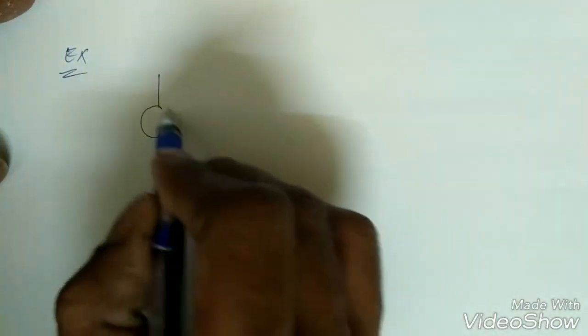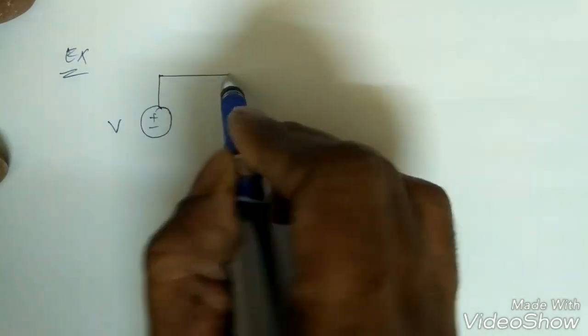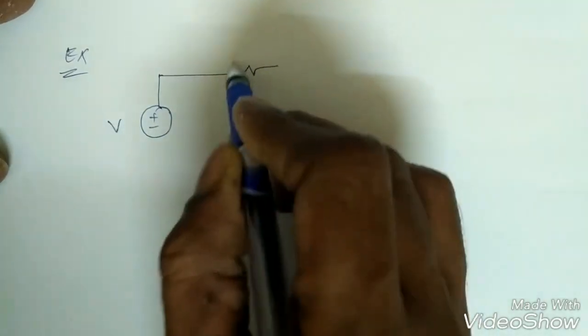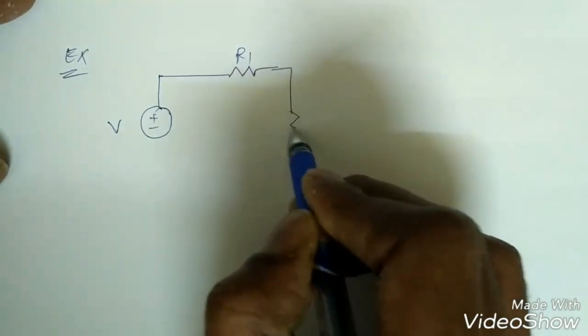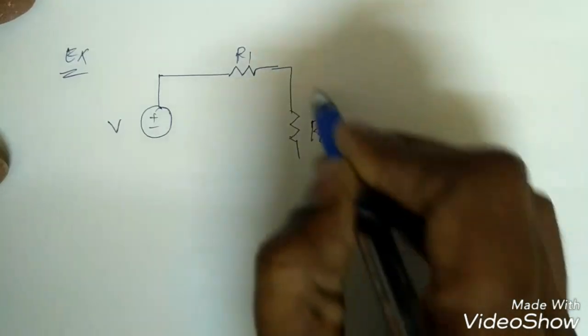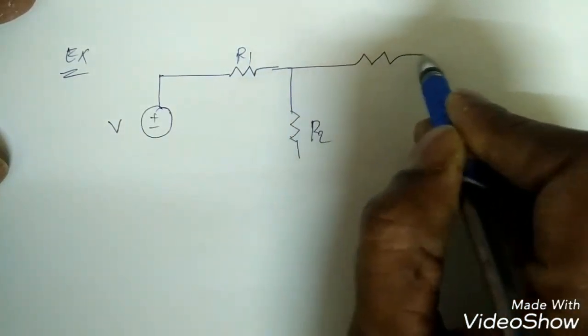Now these are the two most basic important laws. So if I take one example, suppose the circuit is like this, with a source V plus minus and R1, R2, R3.